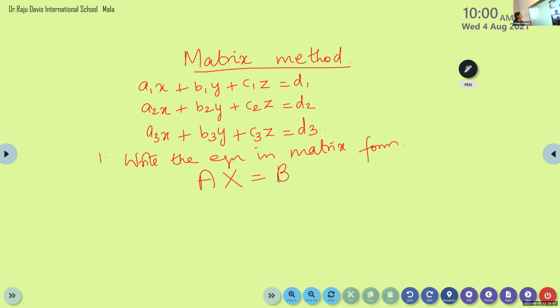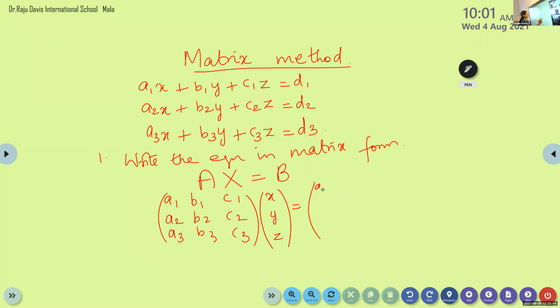What is capital A? A is the coefficient matrix, with rows a1, b1, c1; a2, b2, c2; a3, b3, c3, multiplied by X, the matrix with x, y, z, equals B, which is d1, d2, d3.